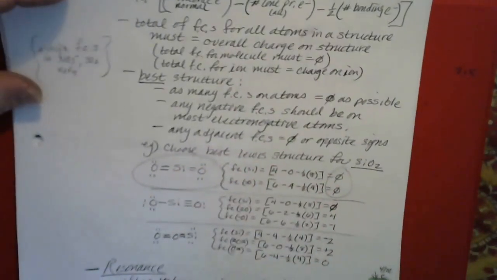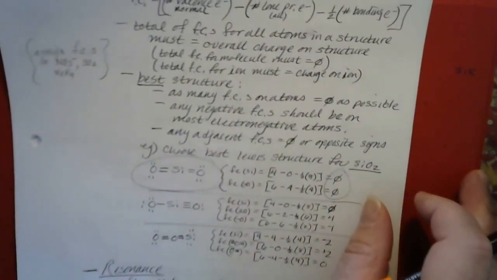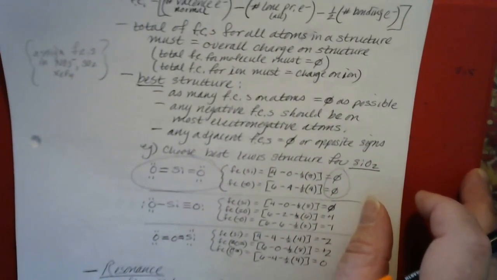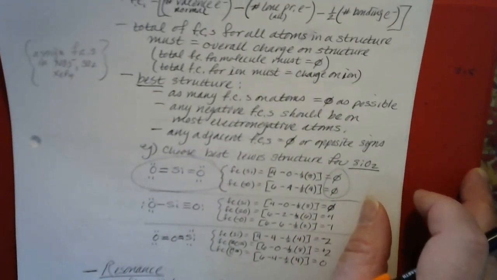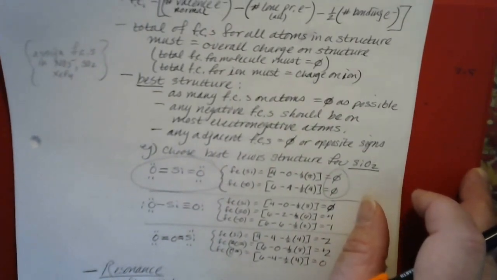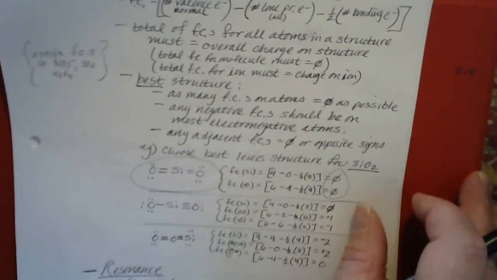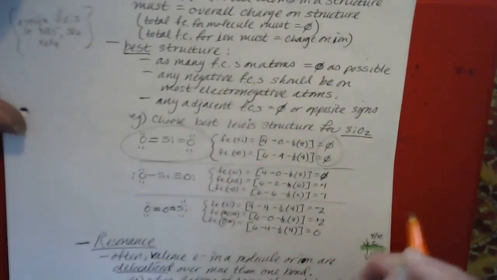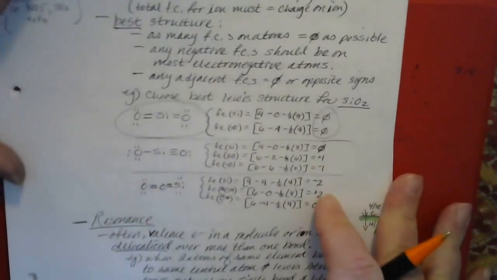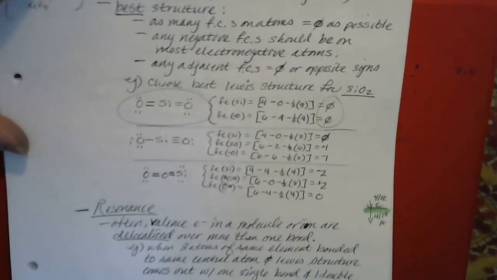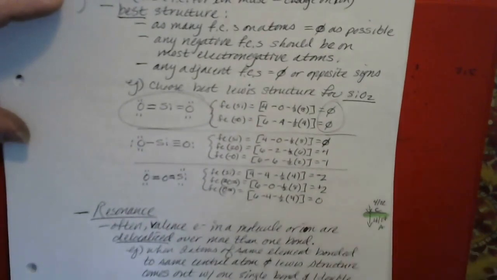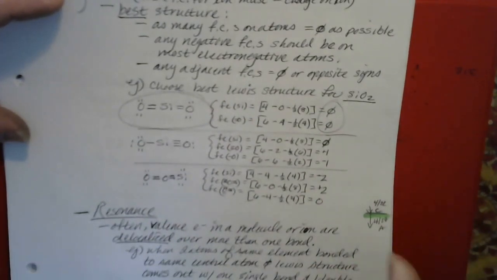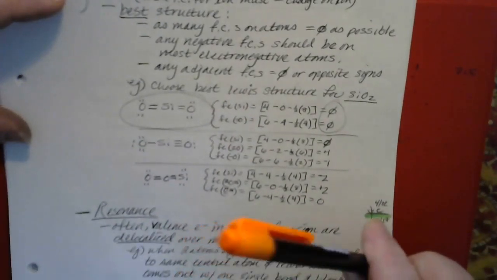Formal charge, just a quick review, is a hypothetical bookkeeping device where we assign a hypothetical charge to the atoms in a molecule or a polyatomic ion. It's one way of keeping track of electrons, and it's also a way of deciding which possible structure is the best for a molecule or an ion if there's more than one plausible Lewis structure.